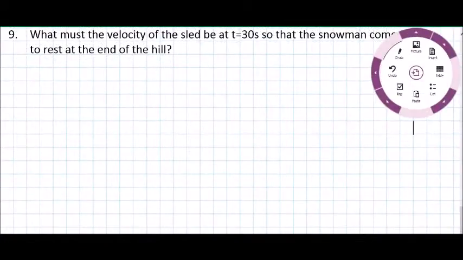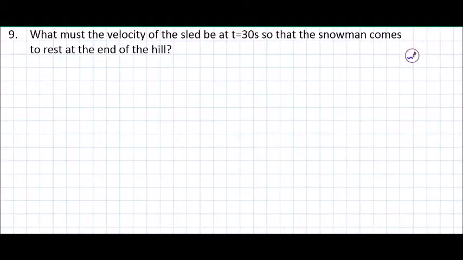Use the impulse momentum theorem. So it says that the change in momentum equals m times final velocity minus initial velocity.